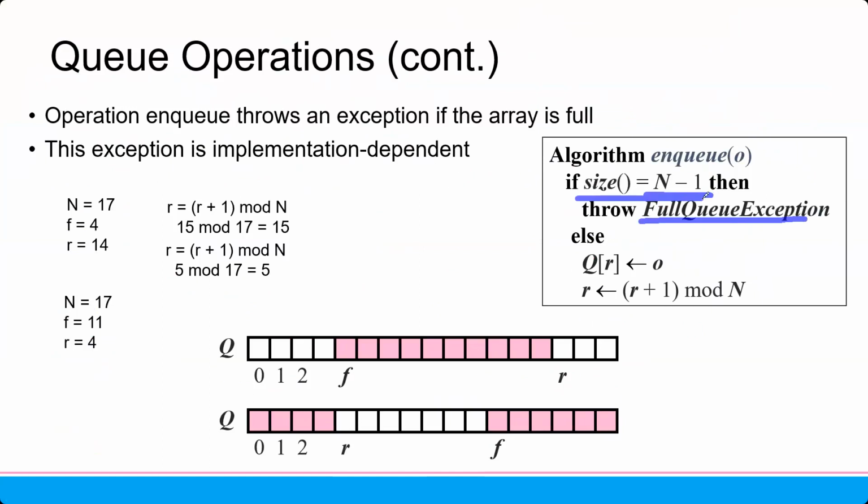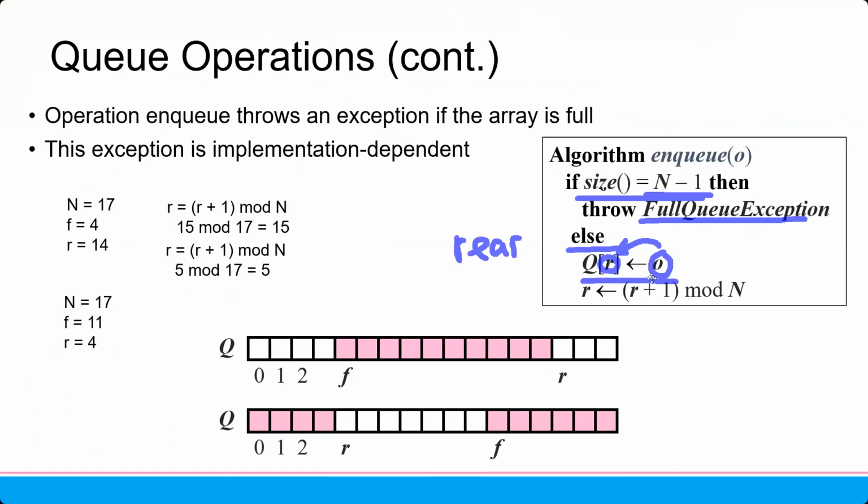But if the size is not equal to N minus 1, let's put the object O into the queue at the R position. R position is the rear.